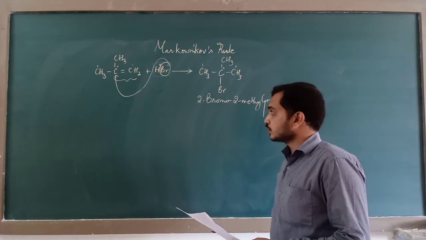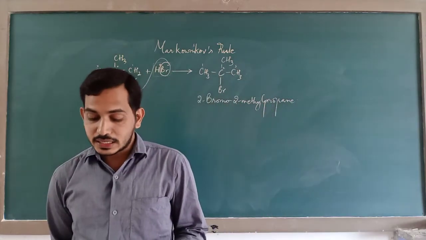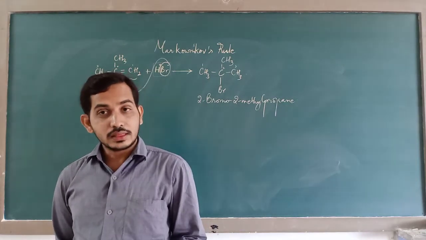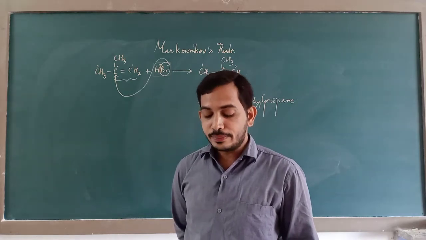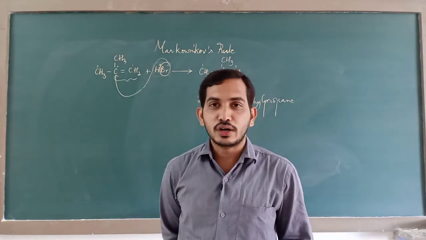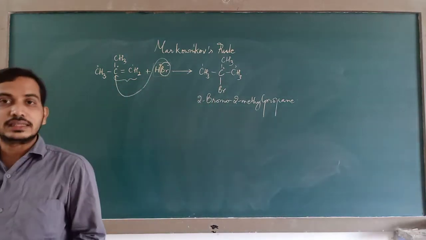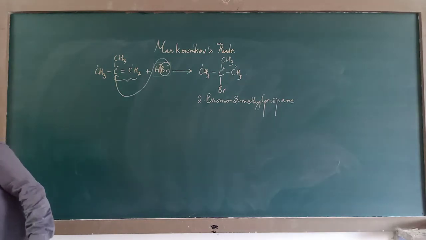Then 6th question. When ethyl alcohol reacts with thionyl chloride in the presence of pyridine, the product obtained is. I hope you have not forgotten that this is a named reaction and an important reaction for exams.